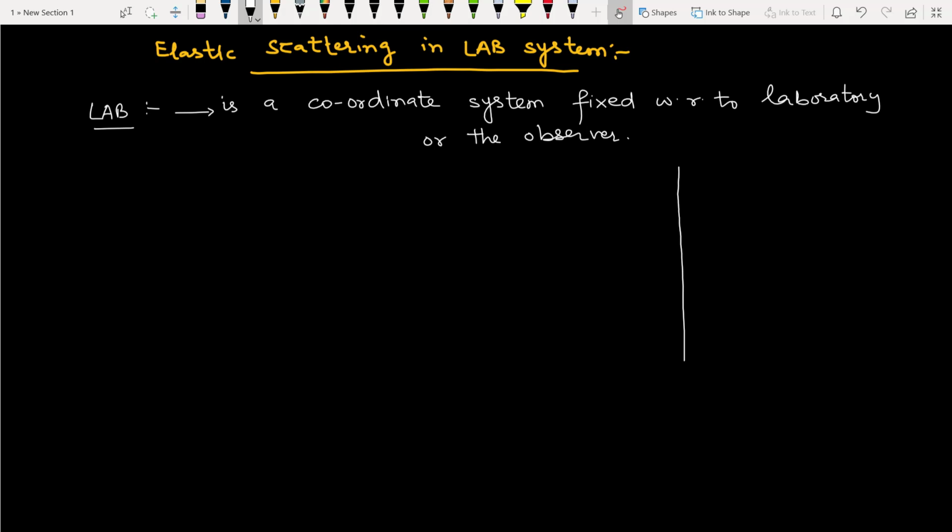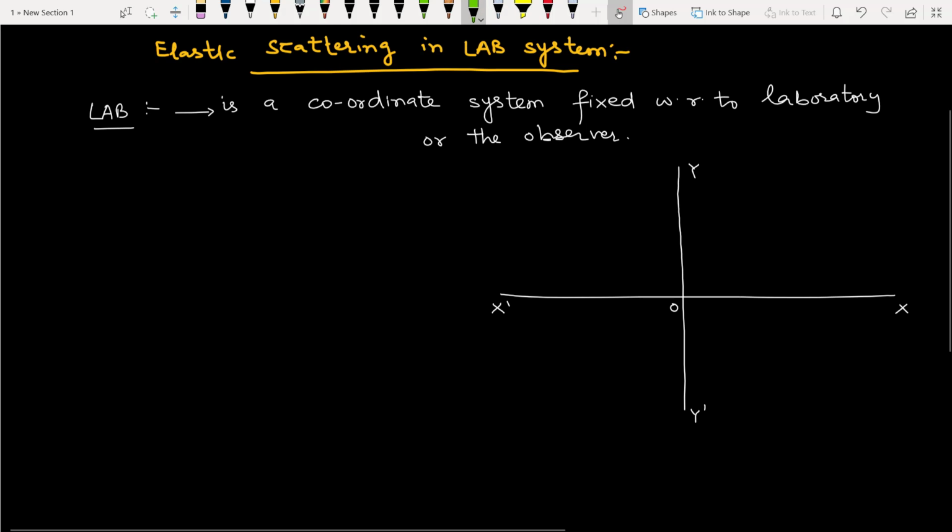So we draw a coordinate system here: x dash axis, origin, y dash axis, and this coordinate system is attached to the observer. Then we are working in a system called lab system, and here we have two masses, m1 and m2.